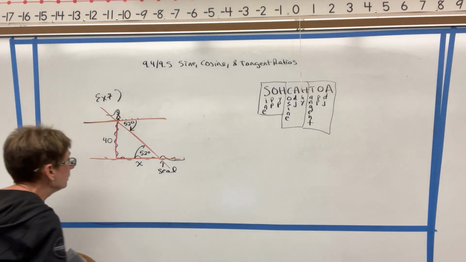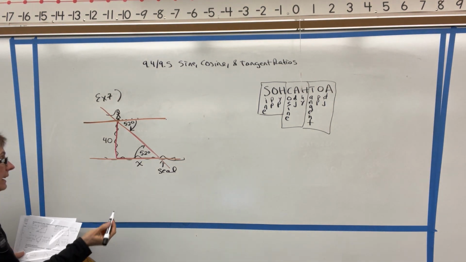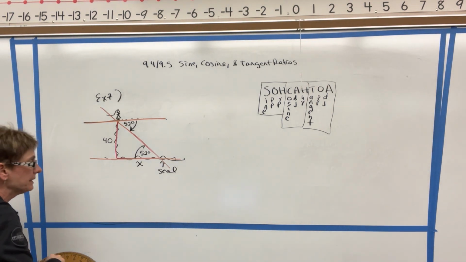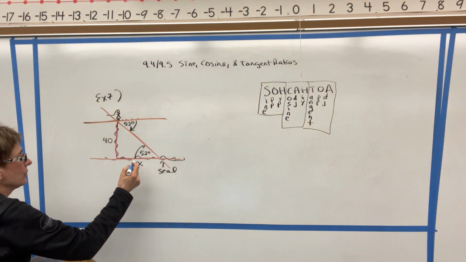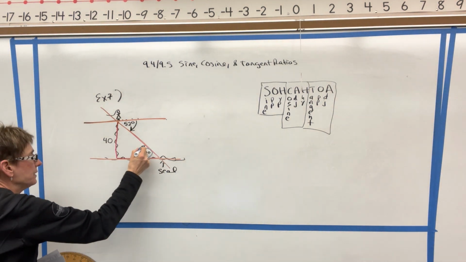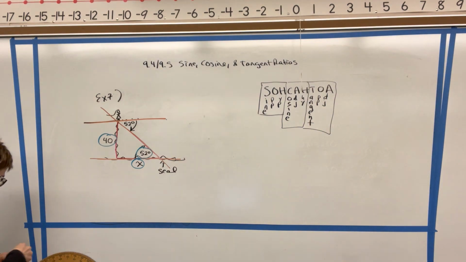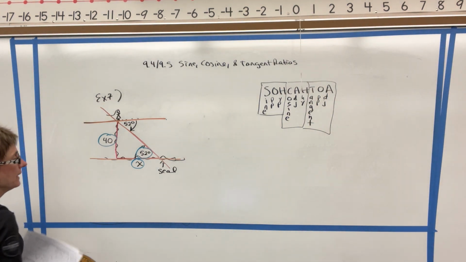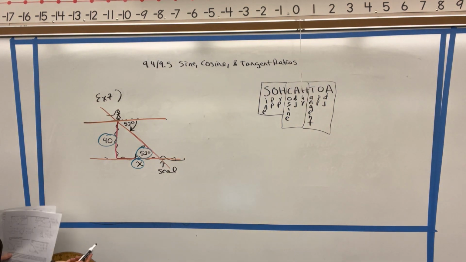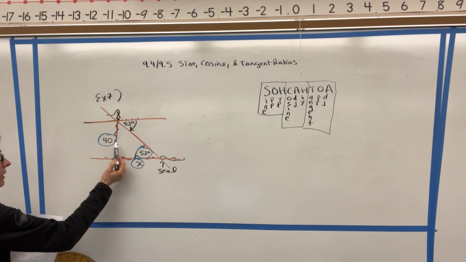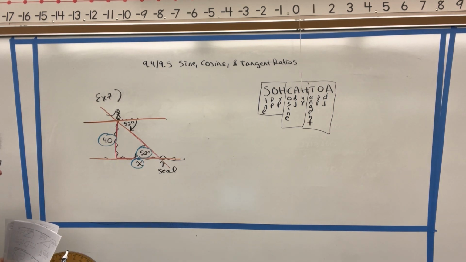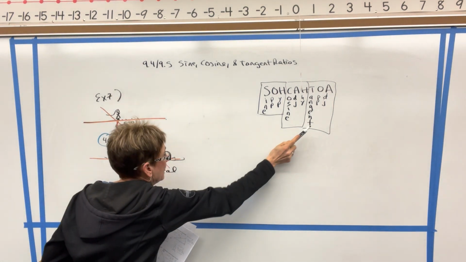Now that we've done all of this work, we can solve for x by circling 3 pieces of information. Let's circle the x, the 52 degrees, and the 40. And then we have to ask ourselves what trig ratio would apply if I have an angle, an opposite, and an adjacent. We can see that that would be tangent.